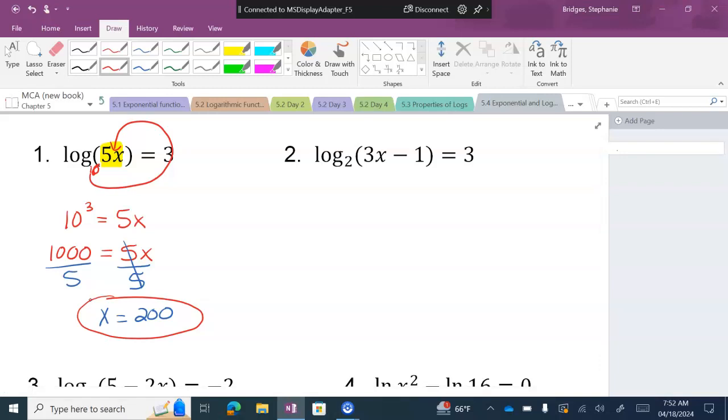Okay. All right, number 2. I have a log equal to a number. So we're going to follow the same steps. First of all, see if there are any logs that need to be combined. Any logs that need to be combined on this one? No. Okay.